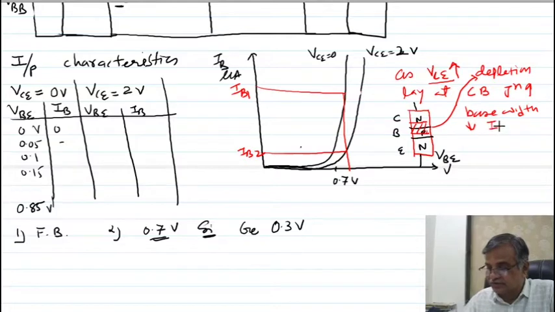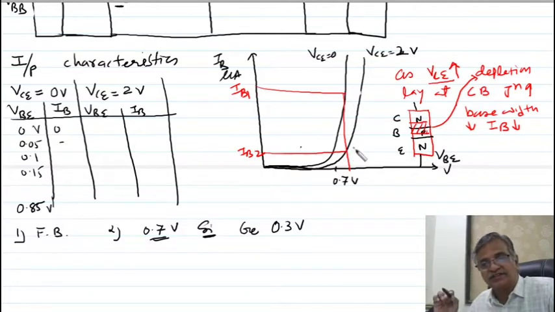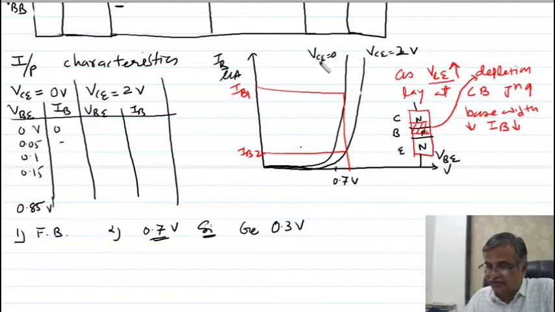This causes a decrease in input current. The decrease in the base width causes a decrease in base current. So, as VC increases, your base current decreases. At a constant value of base emitter voltage, when VC increases from 0 to 2 volt, the base current decreases.